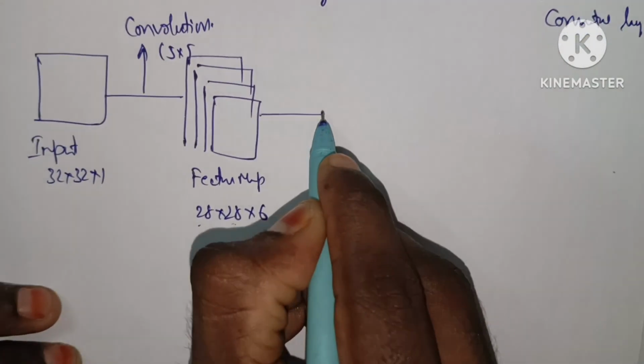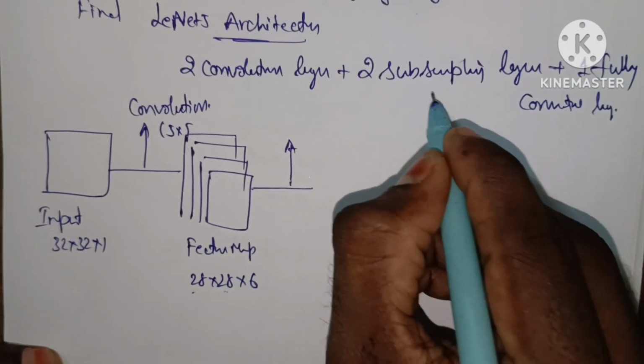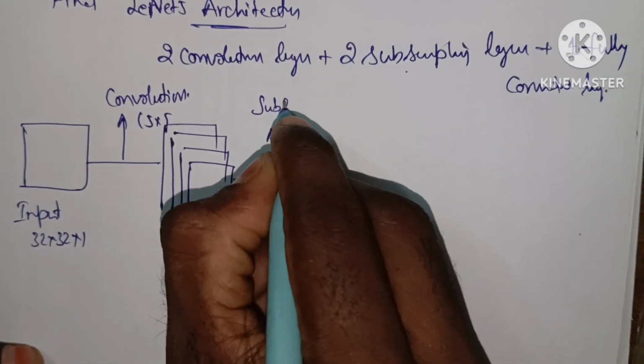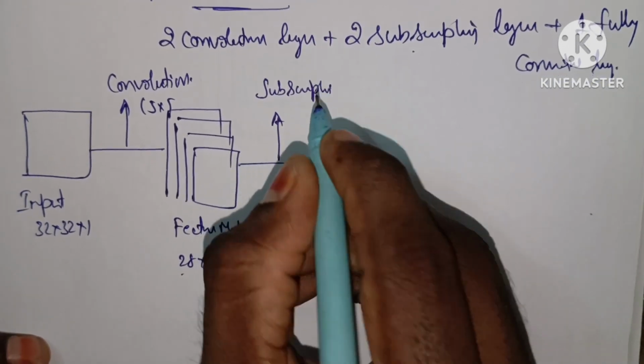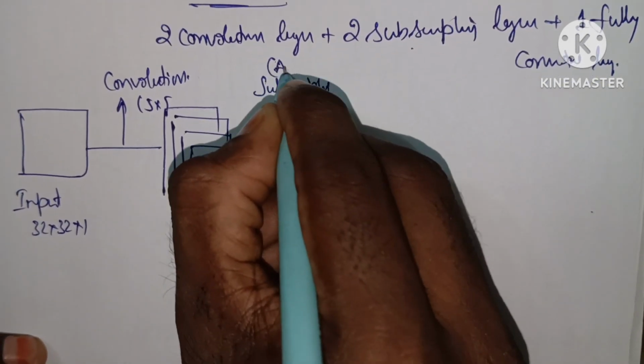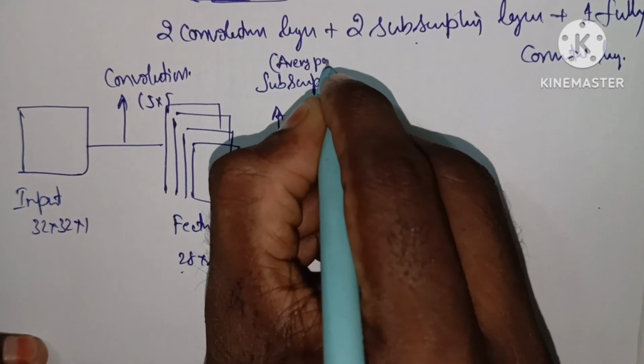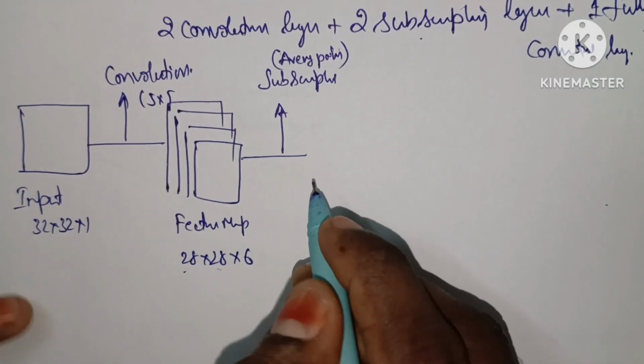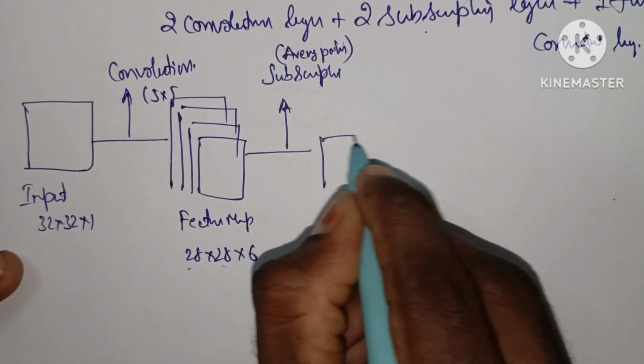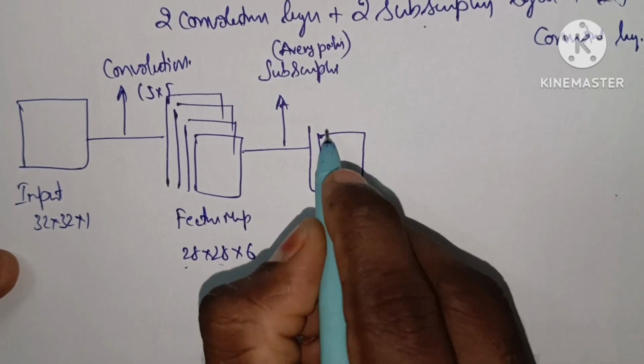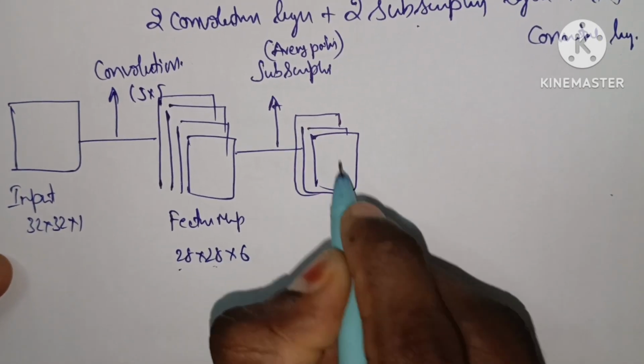After that we again apply subsampling. Subsampling is also called average pooling. Next we again get some output, and that output is called a feature map.